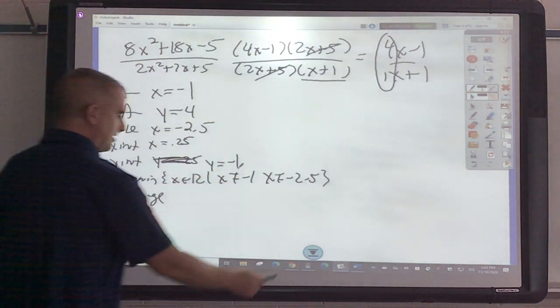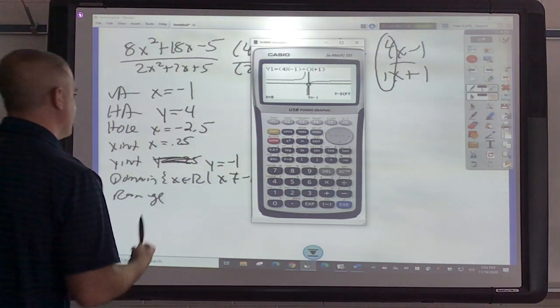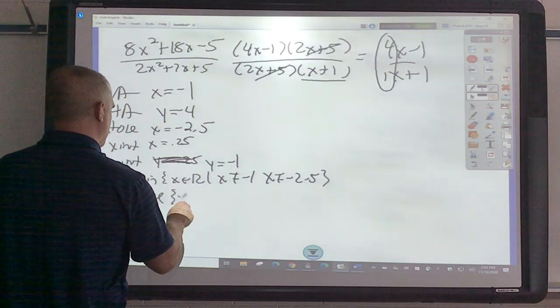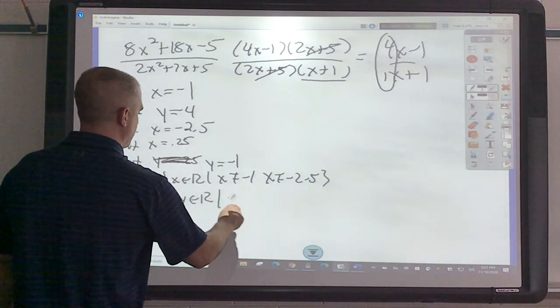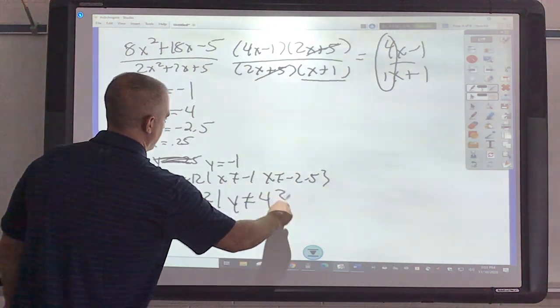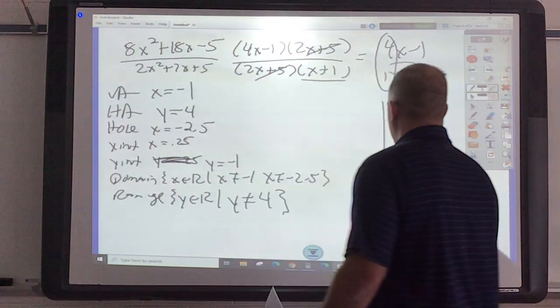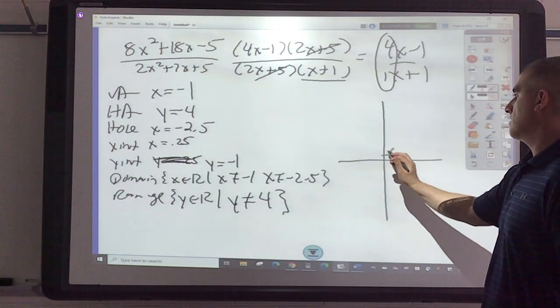Now, since I have a graph that looks like this, all I've got to care about is the horizontal asymptote. So the range is all real numbers, but y can't be 4. If you wanted to graph that, you could relatively easily.